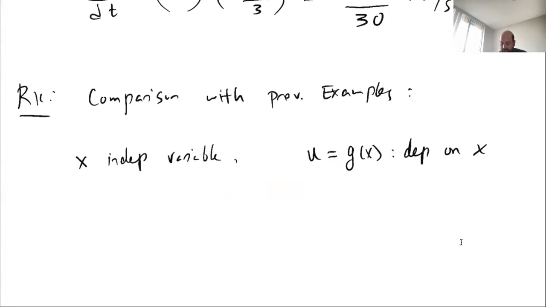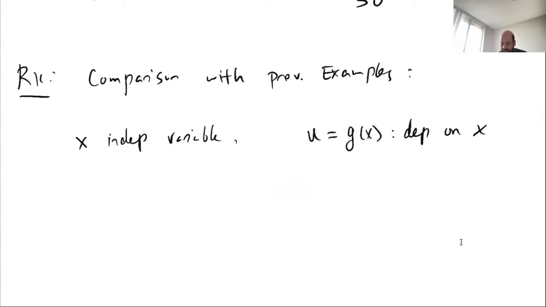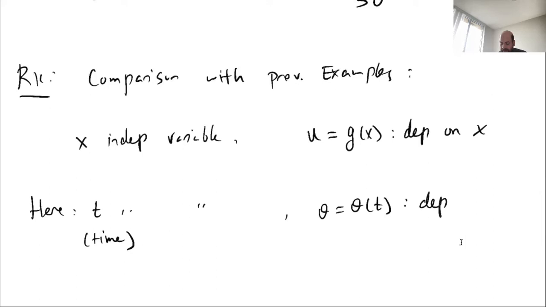Here, t is the independent variable, time. And theta, as a function of time, is dependent on t. So x is replaced by t, our independent variable is t, which is time, and u is replaced by theta here.